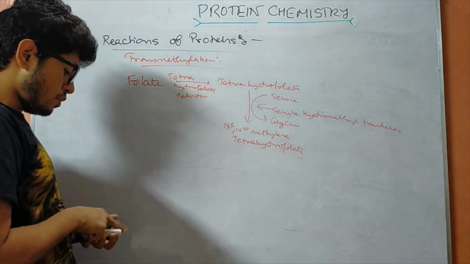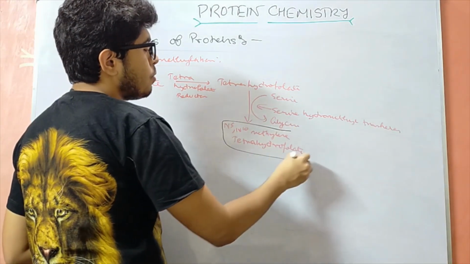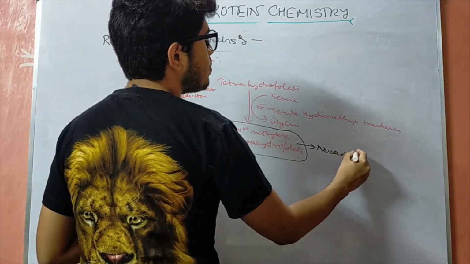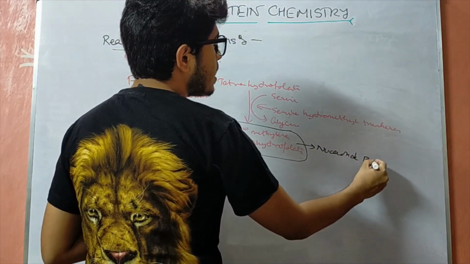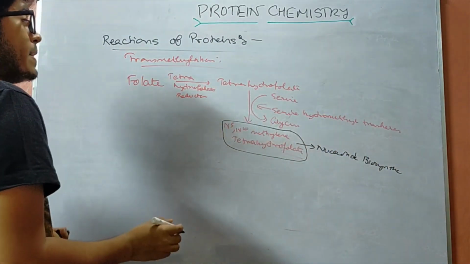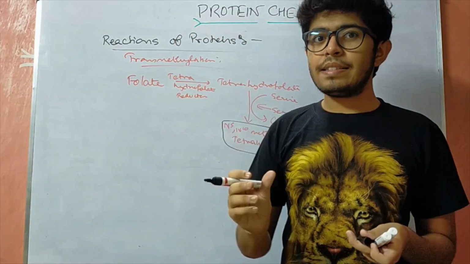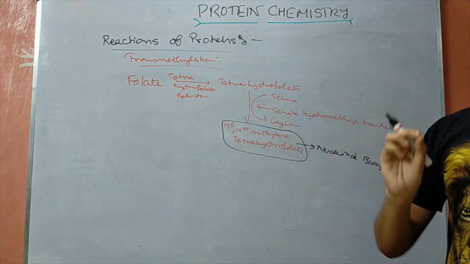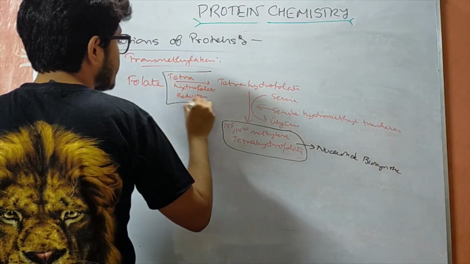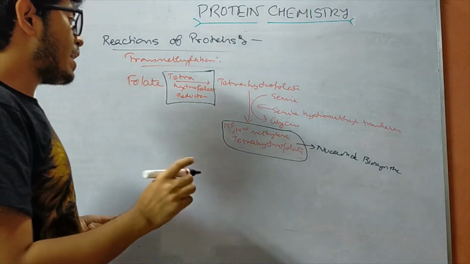This N5,N10 methylene tetrahydrofolate is important because it enters nucleotide biosynthesis, as a very important precursor. One more thing to remember is that most cancer drugs target the enzyme tetrahydrofolate reductase.